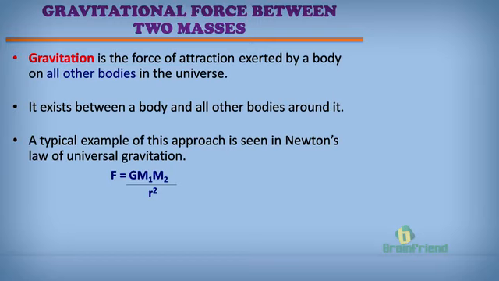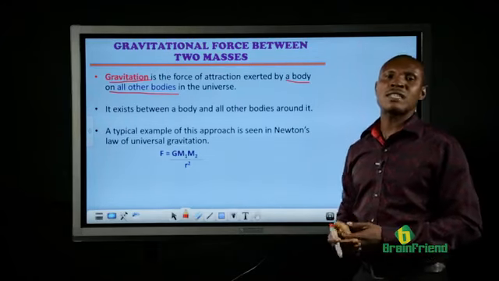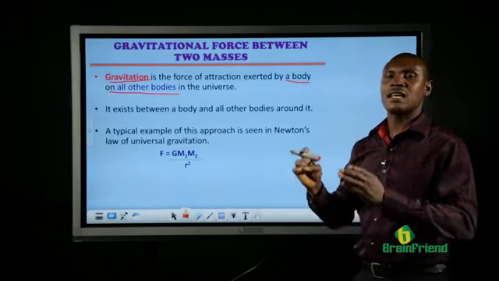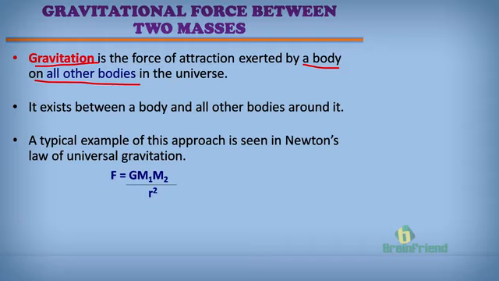Now, what is gravitation? Gravitation is simply the force of attraction exerted by a body on all other bodies in the universe. Here, it may be interesting for us to take the Sun as the pivot body, occupying the central position, and every other planetary body is surrounding it in an orbit.